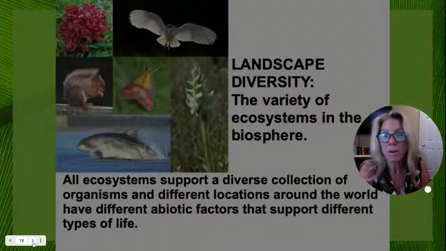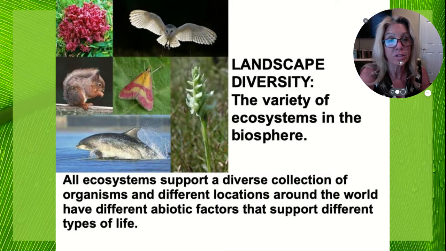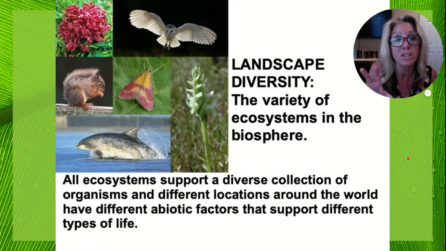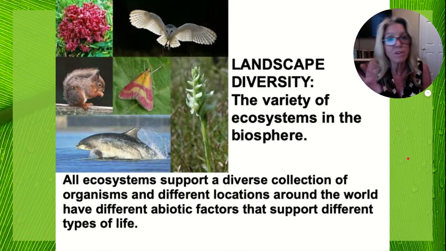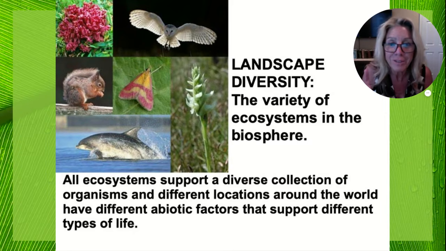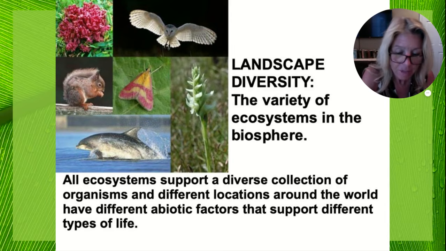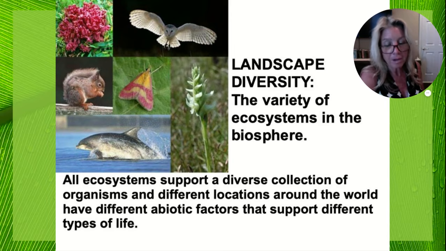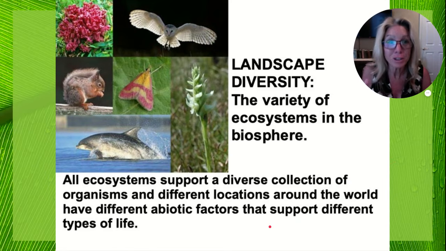And then the third one that we want is landscape diversity, right? We want to have a lot of different conditions, a lot of different landscapes with various abiotic and biotic factors, so we can have a more diverse spread of species. So on landscape diversity, studies landscape interactions. And then on top of that, we talked about island biogeography, right? So let's apply that right here.